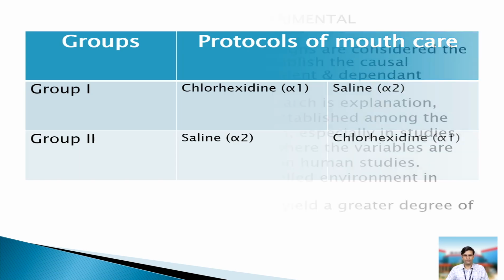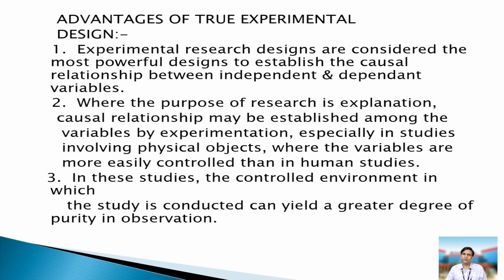chlorhexidine mouthwash. Now, what are the advantages of true experimental research design? This research design is considered the most powerful design because here the first and foremost reason is the researcher has entire control over extraneous variables which cannot affect the result of the study.